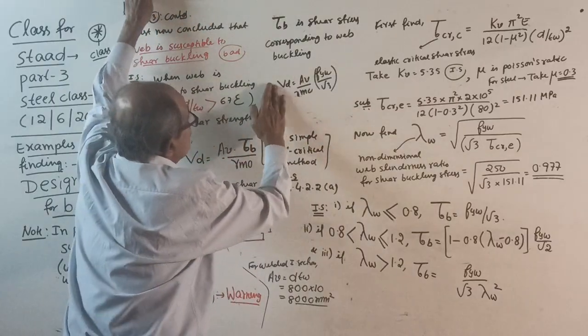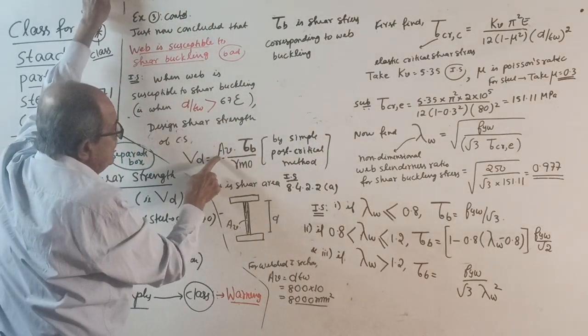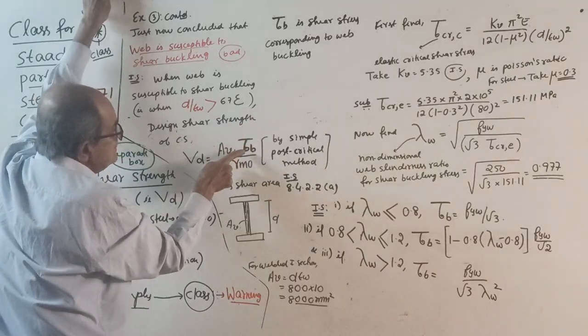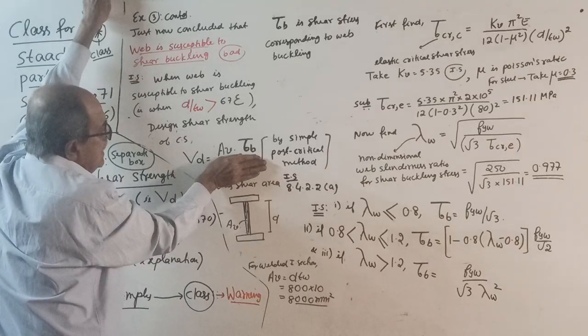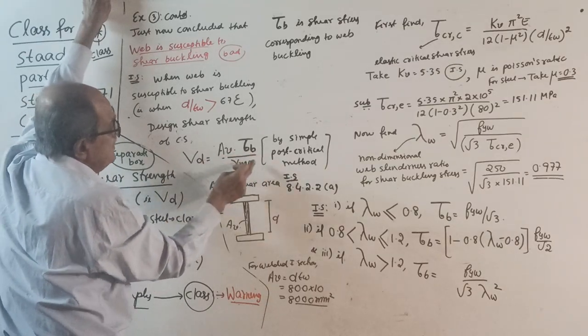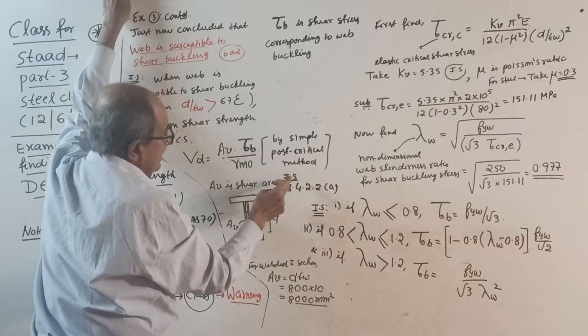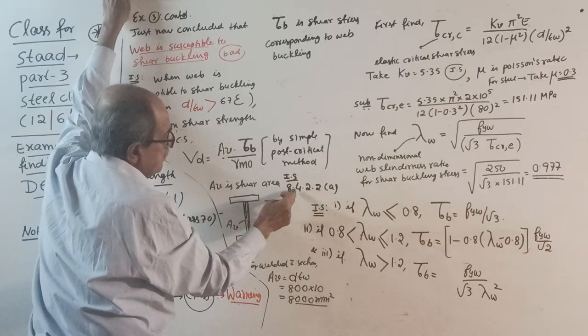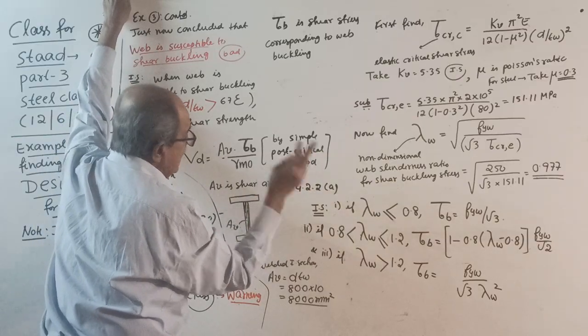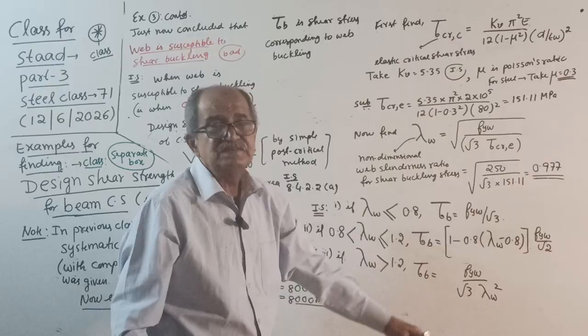So the formula is Vd equals Av tau b. Av tau b is the nominal strength, divided by gamma M0 is the design strength. This is by the simple post-critical method as per IS code 8.4.2.2a. All this is told for you, everything explained for you.